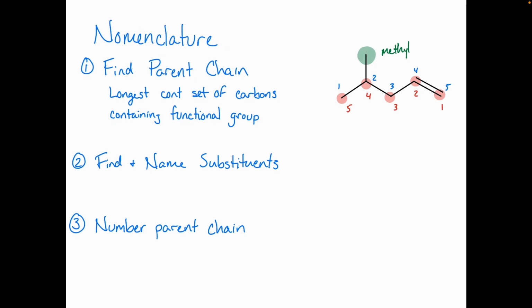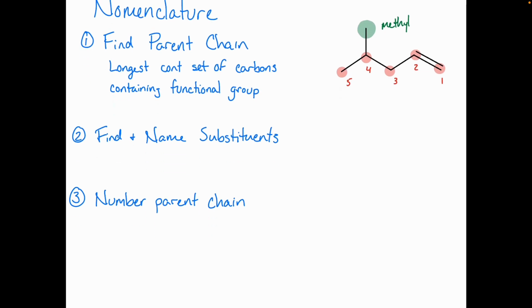If I look, my double bond is between carbons 1 and 2, so we would label that with the locant 1. So that is the numbering scheme I'm going to pick, my red numbering scheme here. And then the last step is to assemble the name.